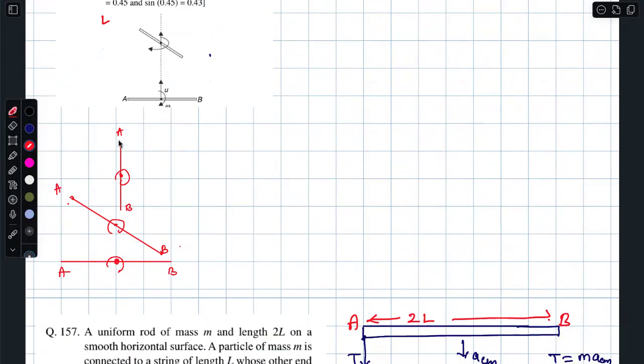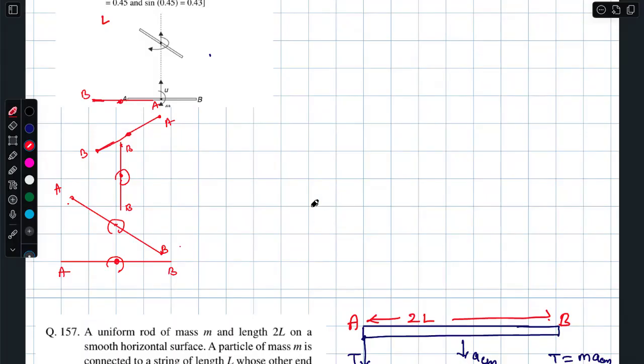And after that, what happens? The next stage, B. That is the next stage.